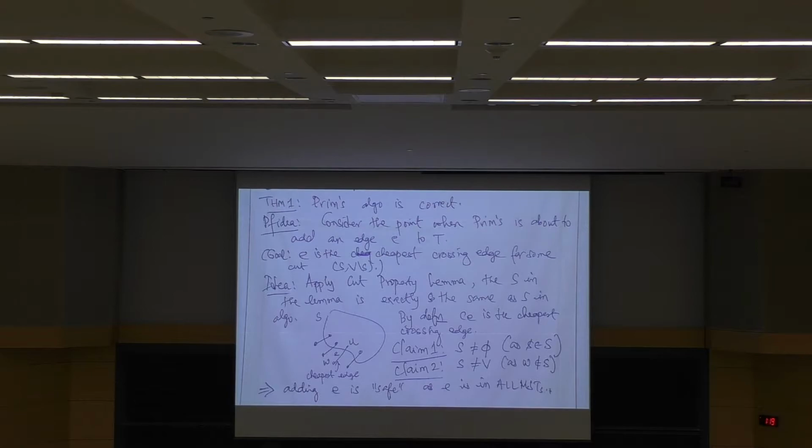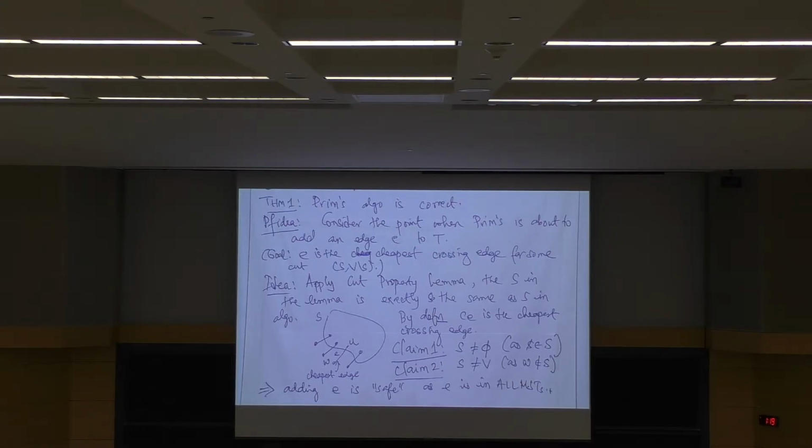What we're arguing is at any point of time you add an edge to this set T that Prim's algorithm is building, that is present in all MSTs. That means your algorithm has to output that, right, because it's present in all MSTs. That's what we have argued so far. Any questions on that? Alex? So we're adding E's that are guaranteed to be in all MSTs. Does that mean that there's only one MST?